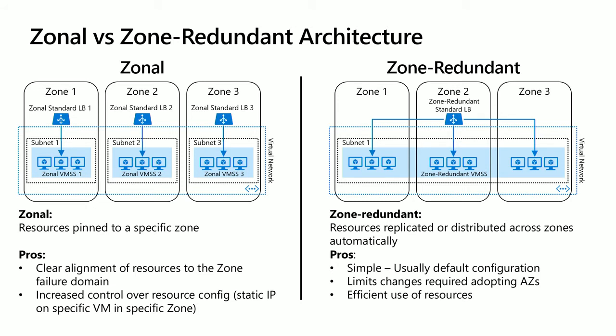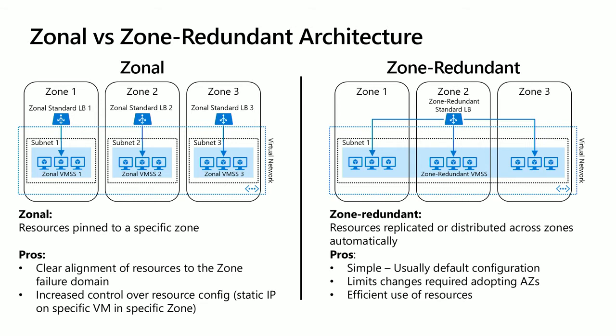So what about zone redundant? That means I'm letting Microsoft distribute those resources for me, or replicate those across the availability zones. When is that beneficial? Well, for starters, it's easy, it's simple, and it's usually the default configuration. If you think about things like the standard load balancer, it uses Anycast to take a single IP and represent all the resources across all the zones that are behind that load balancer as that single IP.